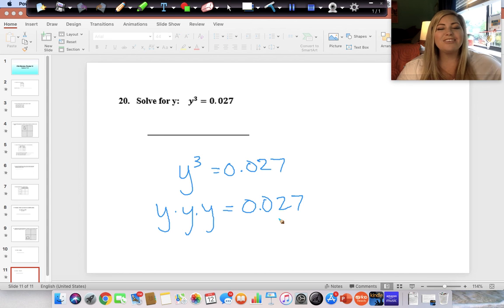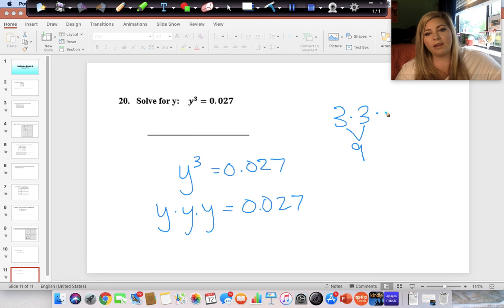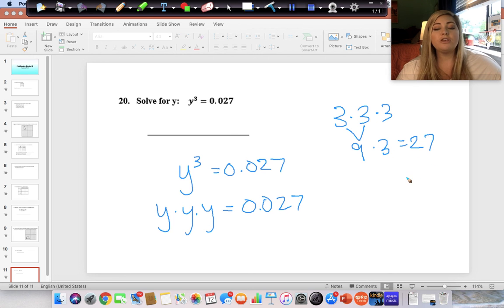So if we can think about, let's take away the thousandths right now. Let's look at the number 27. What number can be multiplied by itself 3 times to give us 27? Well, that number is 3, because 3 times 3 gives us 9, and then 9 times 3 gives us 27. So we want 27 thousandths.